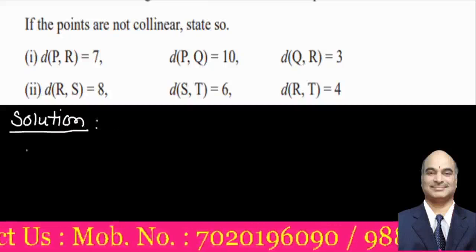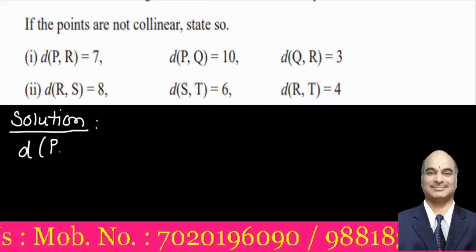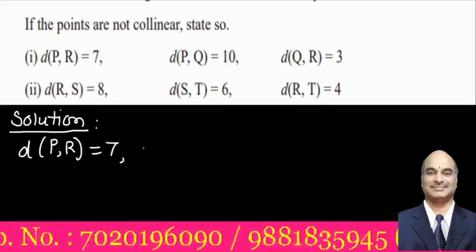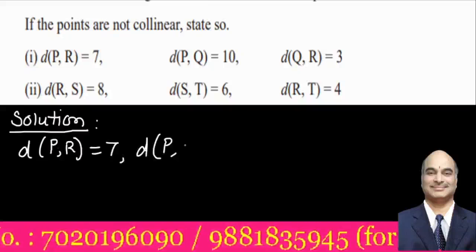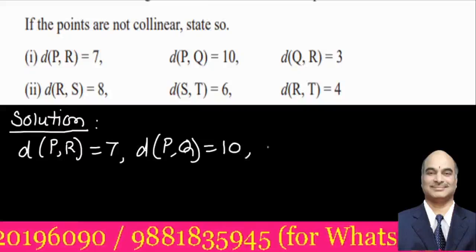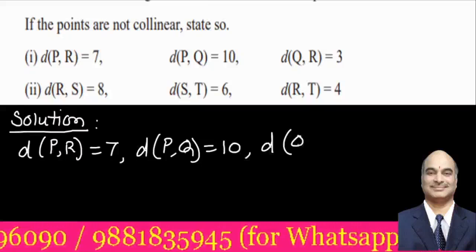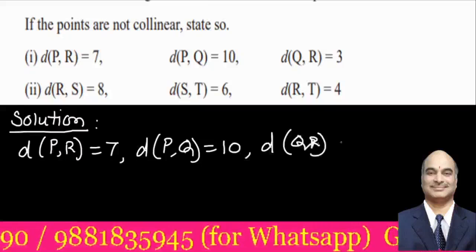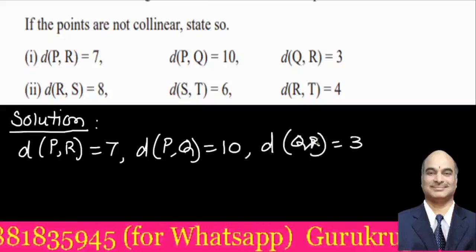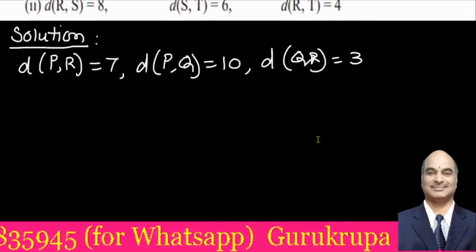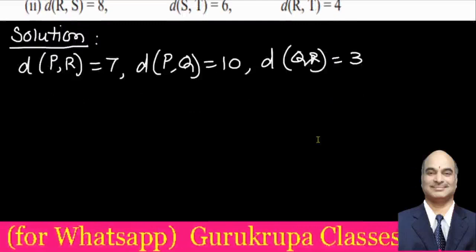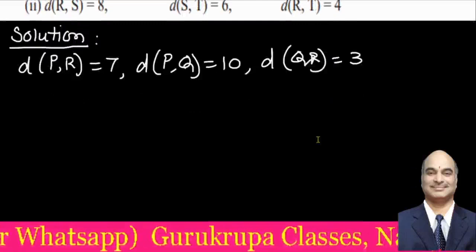In the first sum we can write down what information is provided to you. Distance PR is 7, distance PQ is equal to 10 and distance QR is equal to 3. Now the sum of which two distances is equal to the third distance?